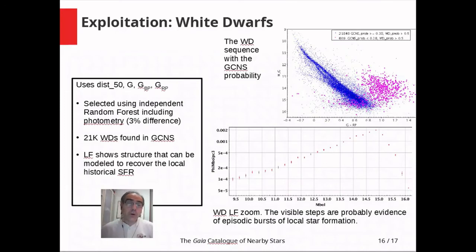And I am going to explain to you the white dwarf content in the Gaia Catalogue of Nearby Stars. Why are those objects so important? 95% of the stars end their lives as white dwarfs, and when they are converted into a white dwarf, they diminish a lot their brightness, and they are very difficult to trace and observe from Earth.